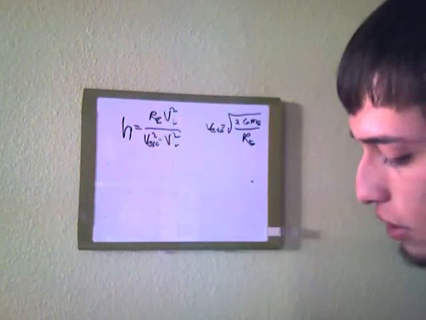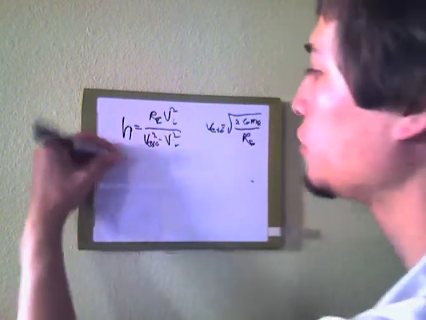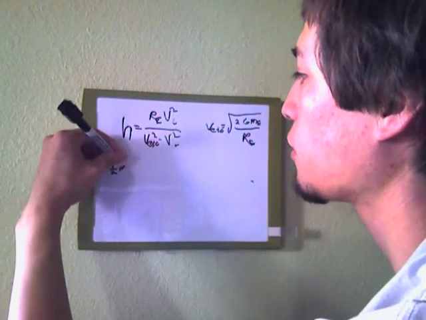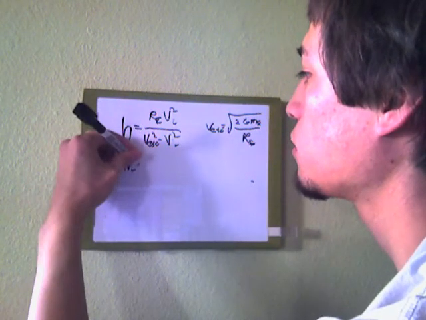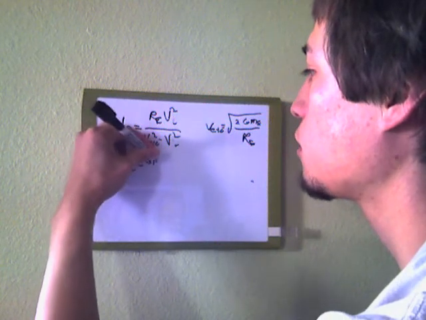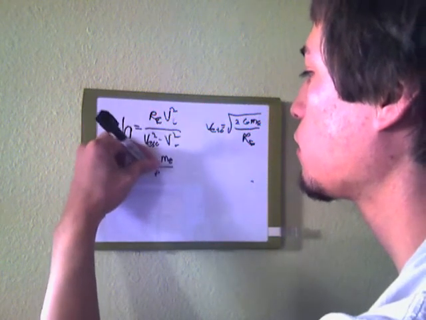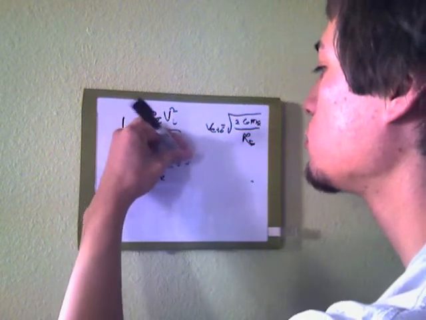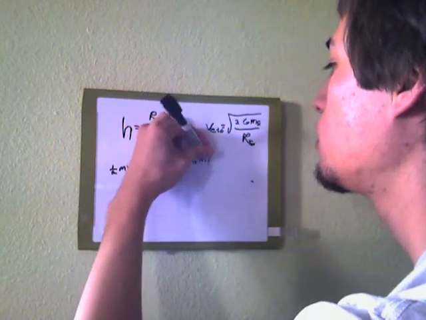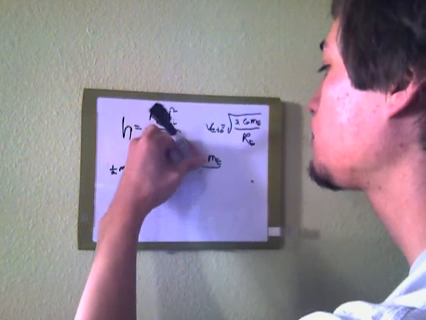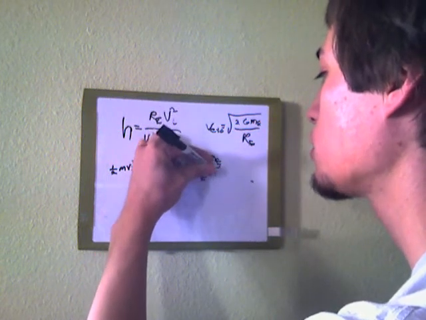Then you have part C. Now part C is actually done using the exact same energy equation, where you have 1/2 m vi squared minus GMe divided by Re is equal to negative GMe divided by Re plus h.